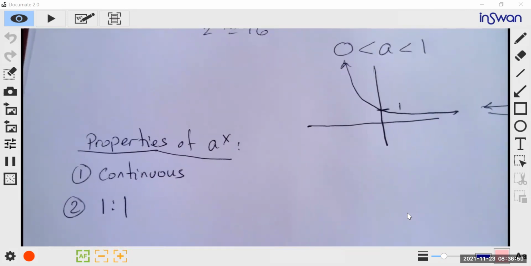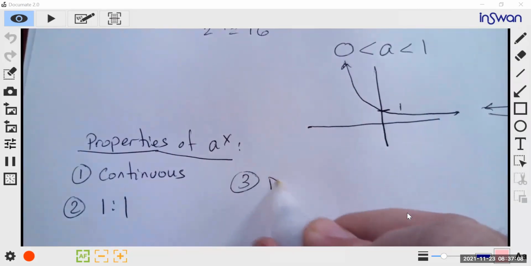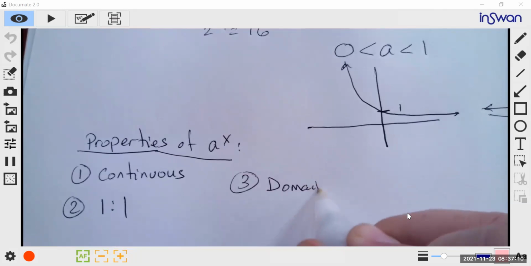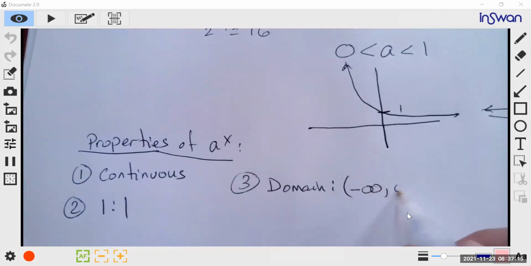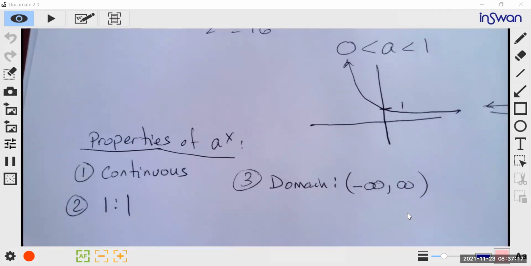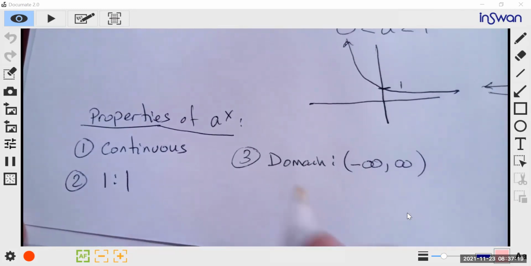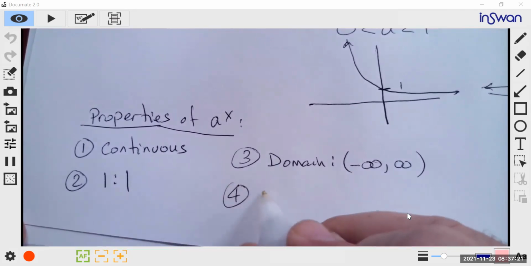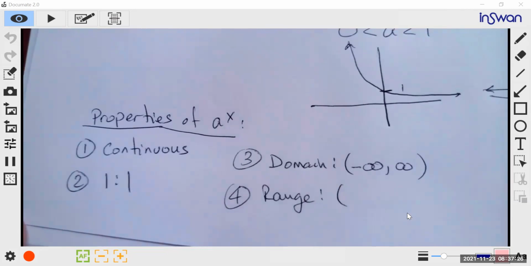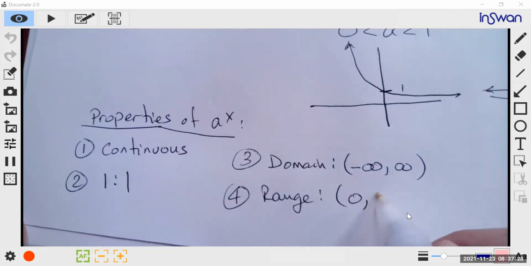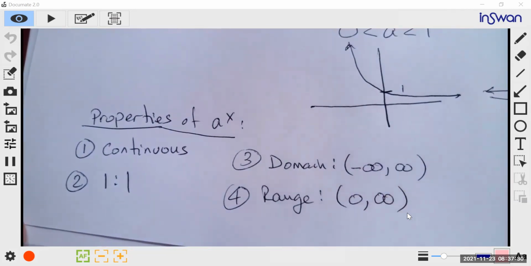It satisfies the horizontal line test. The domain is from -infinity to +infinity. The range is from 0 to +infinity.